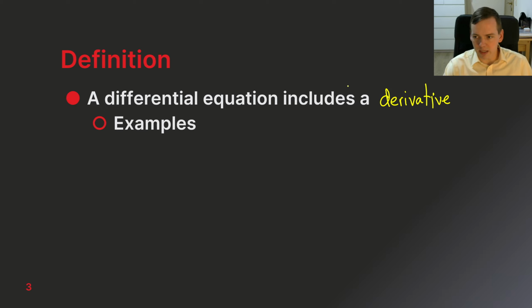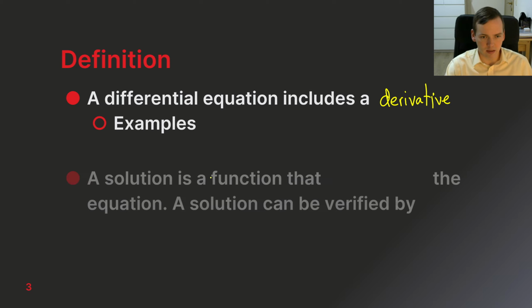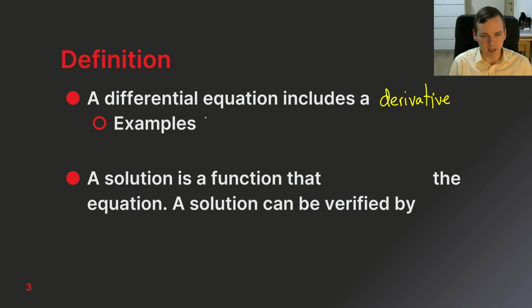So for example, you might see something like y equals y prime x. You might see something like y prime equals x to the fifth.